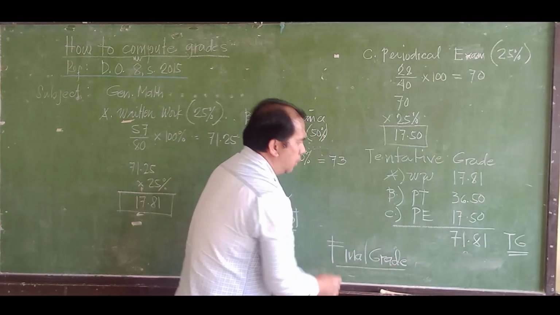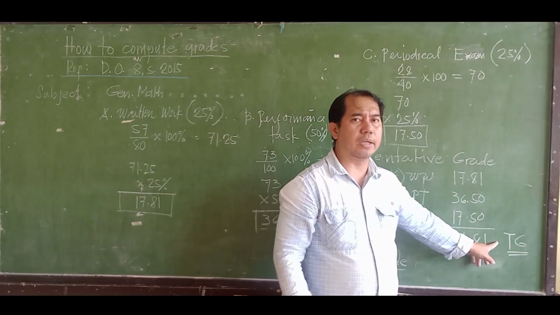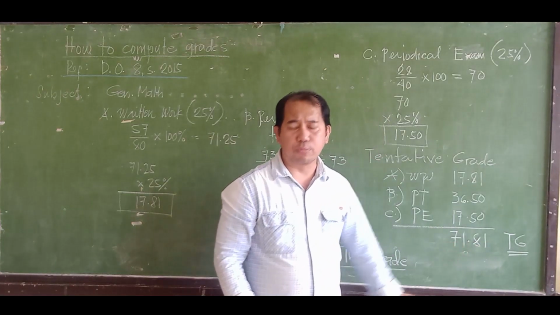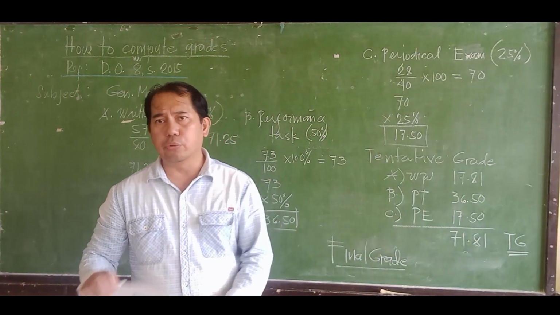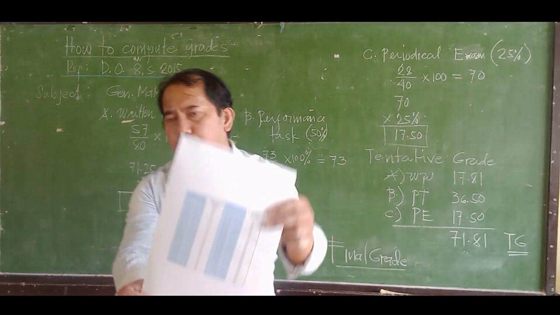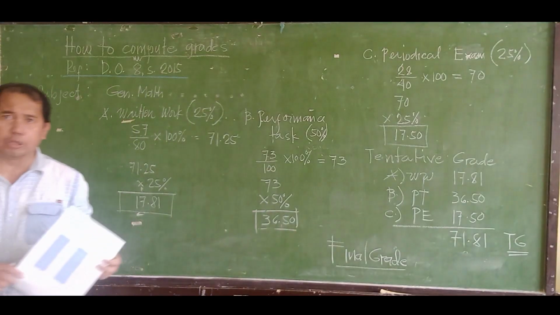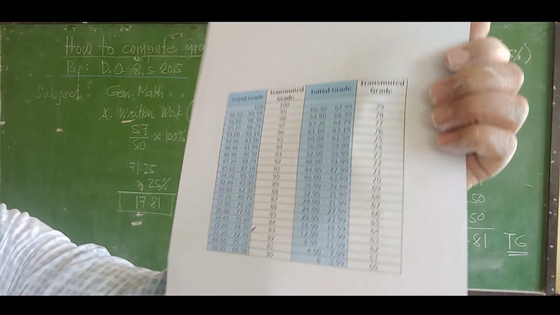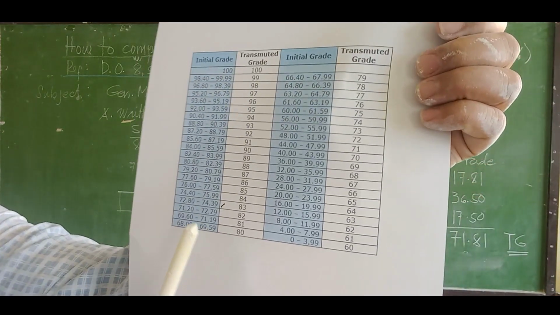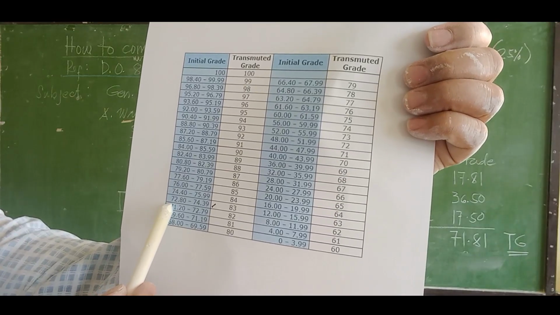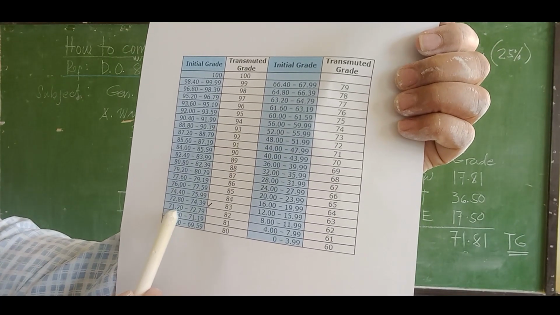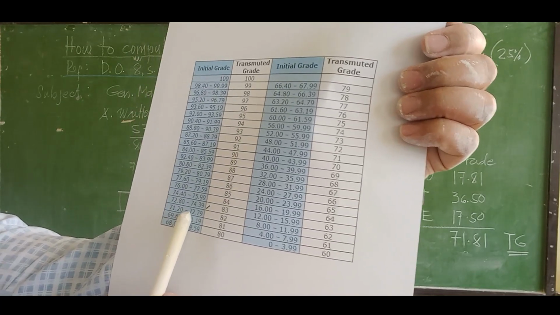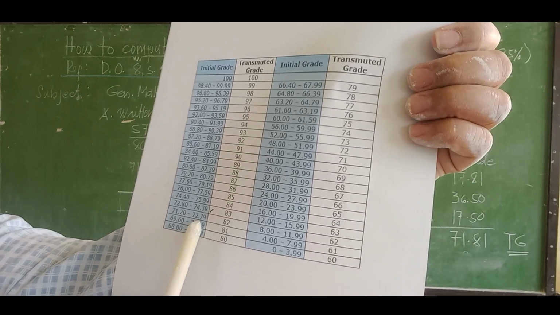Now, how are you going to get the final grade? To get the final grade, get its transmuted value. So we have the equivalent of this one in the transmutation table. Notice this one. In our transmutation table, I will be showing it to you. For our transmutation table, we have here from 71 to 71.22, 72.79.